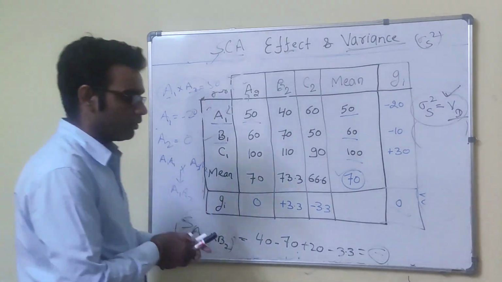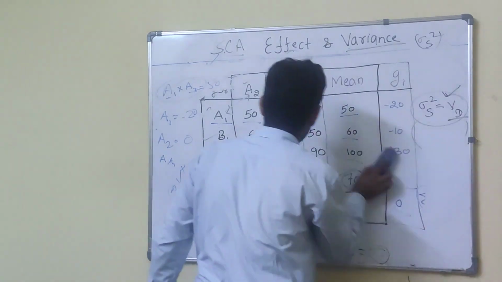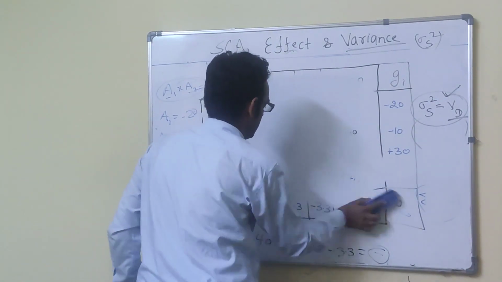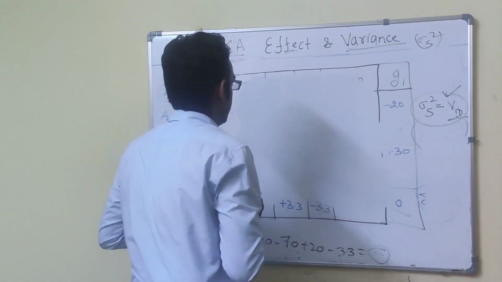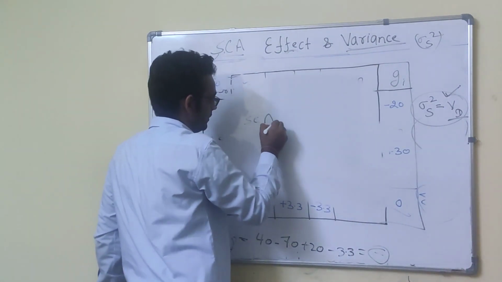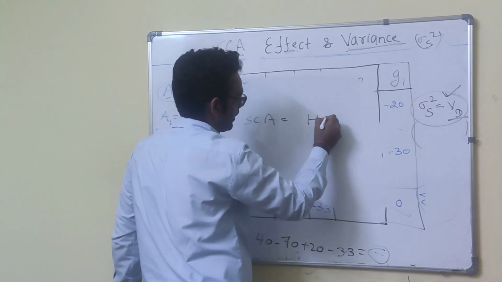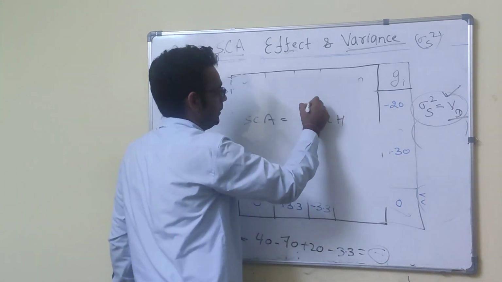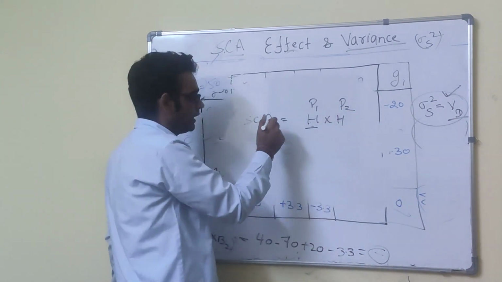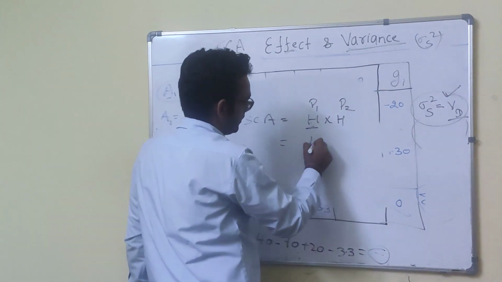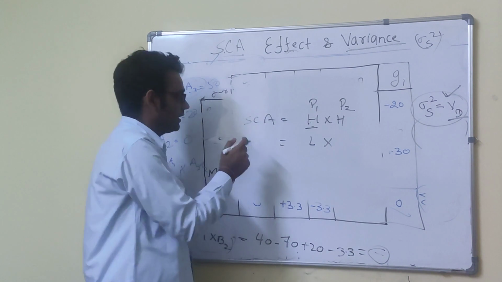When you go through all the literature, you will find one thing: SCA can result from high into high, meaning P1 can have high GCA and P2 can have high GCA. You will get high SCA.